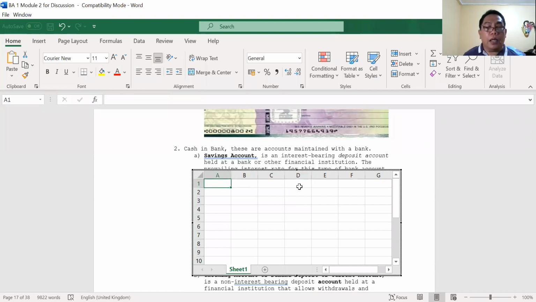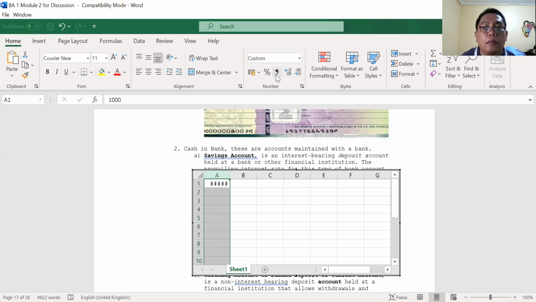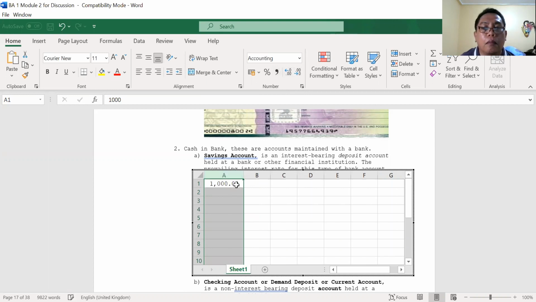For example, you deposited with a bank, starting January, for purposes of discussion only, 1,000 pesos. Also, for purposes of discussion in accounting, class, we will always have no decimal place in our peso amounts.